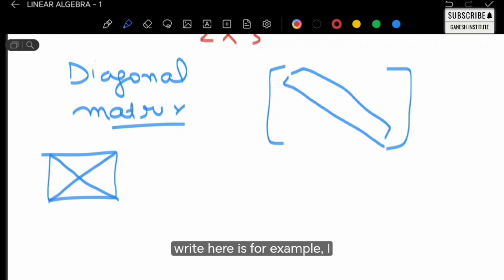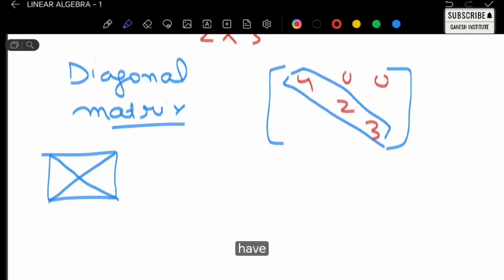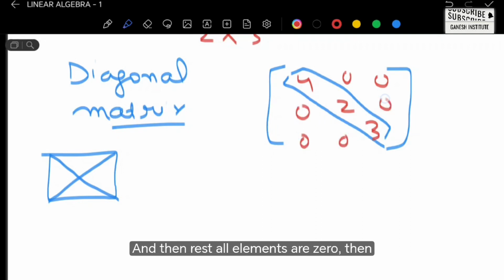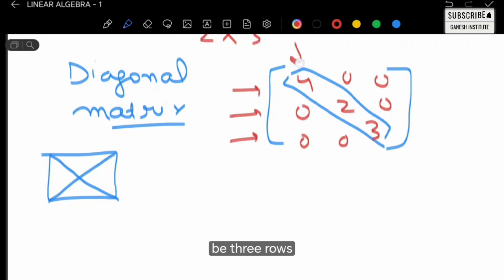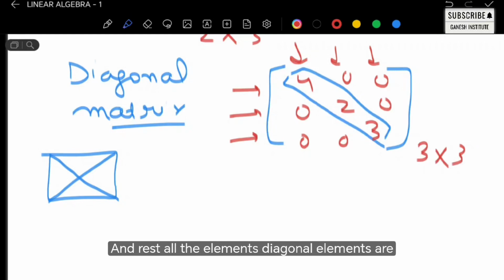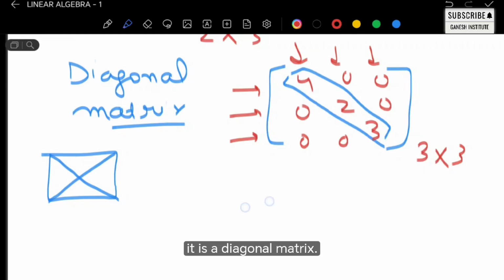So what we will write here is, for example, I have elements in diagonal form and then rest all elements are 0. Then we can consider it as a diagonal matrix. Though the order will be 3 rows, 3 columns, that is 3 by 3. But because only diagonal elements are there, rest all elements are 0. So it is a diagonal matrix.